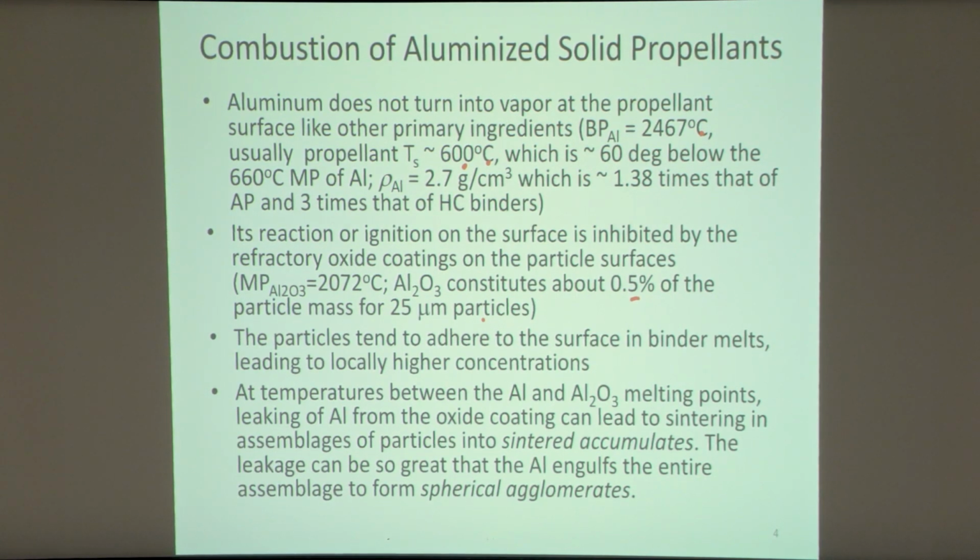These particles tend to adhere to the surface and binder melts, leading to locally higher concentrations. At temperatures between the aluminum and aluminum oxide melting points, leaking of aluminum from the oxide coating can lead to sintering and the assemblages of particles into sintered accumulates. The leakage can also be so great that the aluminum engulfs the entire assemblage to form spherical agglomerates.